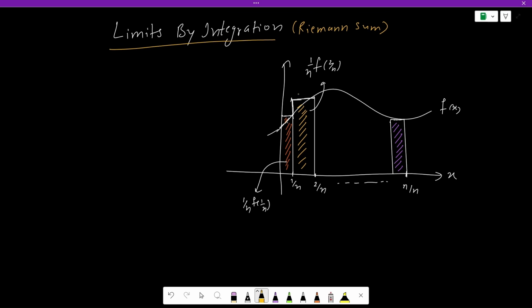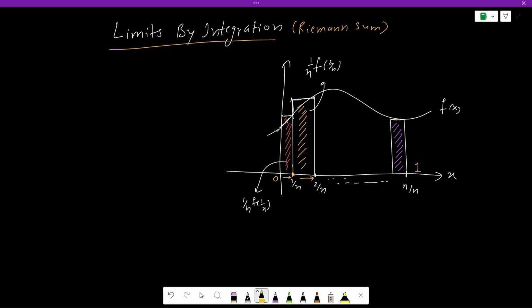So we know that if we have a function f(x), and an interval, let's say from 0 to 1, and we divide this interval into n equal parts, so we have 1 by n, then 2 by n, and so on up to n by n. So we divided it into n equal parts, and now we create these rectangles.